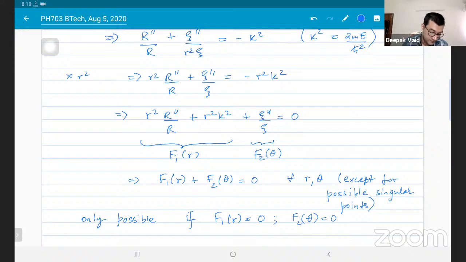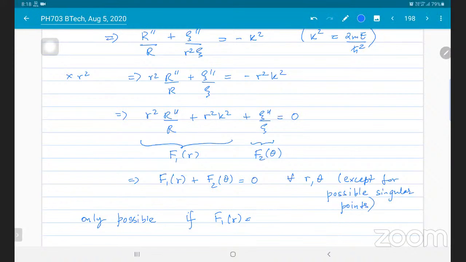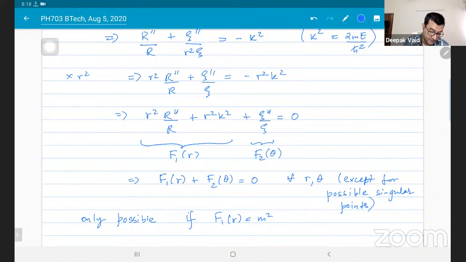Oh, sorry, not 0, but individually, this is a constant. So I will write this as, let's say, m squared, and then f2 of theta is equal to minus m squared.